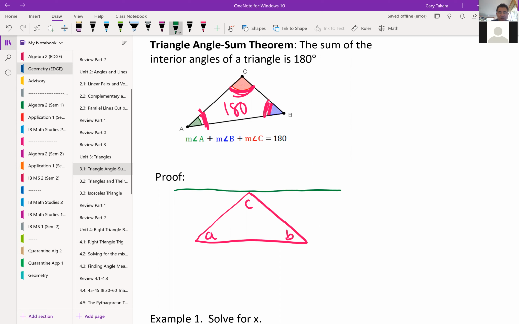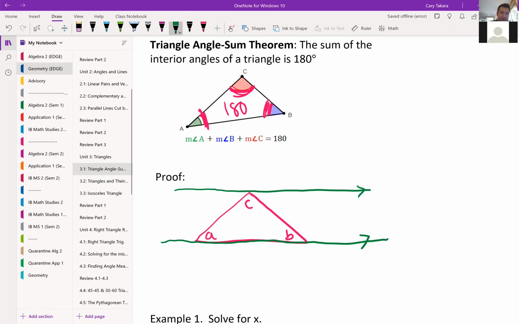I am going to draw a parallel line; the top parallel line will just barely touch the top of a triangle, okay? And then the bottom parallel line will take the base of a triangle. So these are parallel, okay?